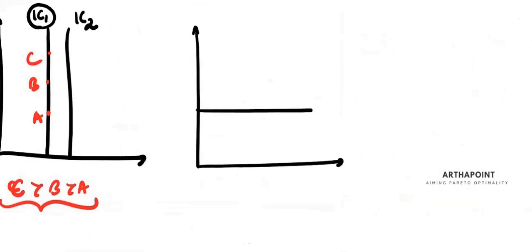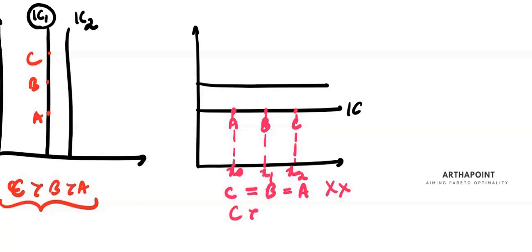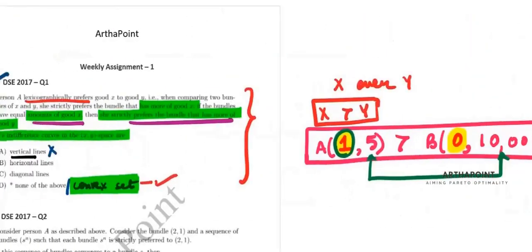If I have horizontal lines, and I take this indifference curve with a point A, a point B, a point C, then if A, B and C are on the same indifference curve, utility from A should be equal to B, should be equal to C. However, this is not true because C has more of good X than B, and B has more of good X than A. So C should be preferred over B, which should be preferred over A. They should not be on the same indifference curve. Again, this eliminates horizontal lines.